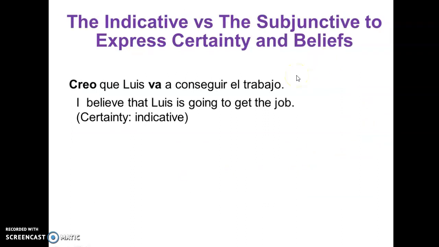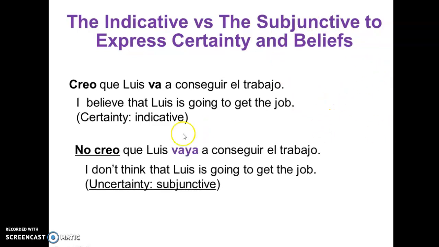When we are dealing with situations of certainty and beliefs, we are going to use the indicative. Creo que Luis va a conseguir el trabajo. This is certainty because I believe, I know. Probably this person has some facts that let her know that he's going to get the job.